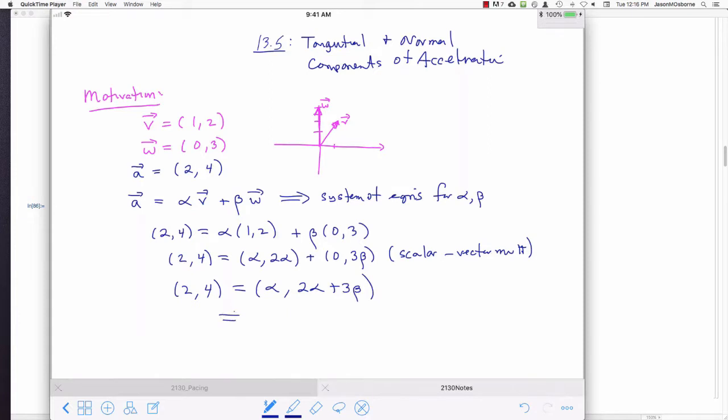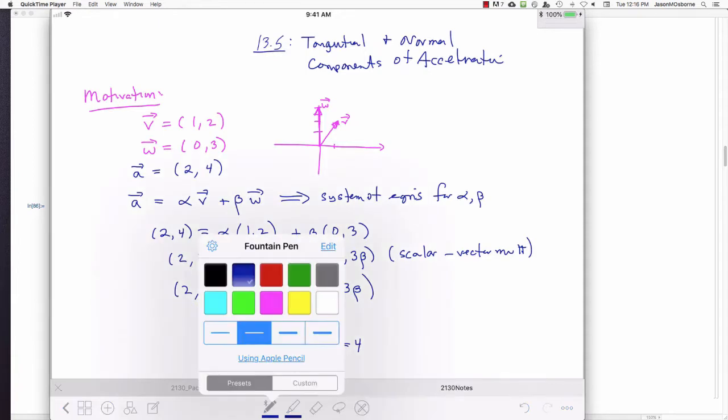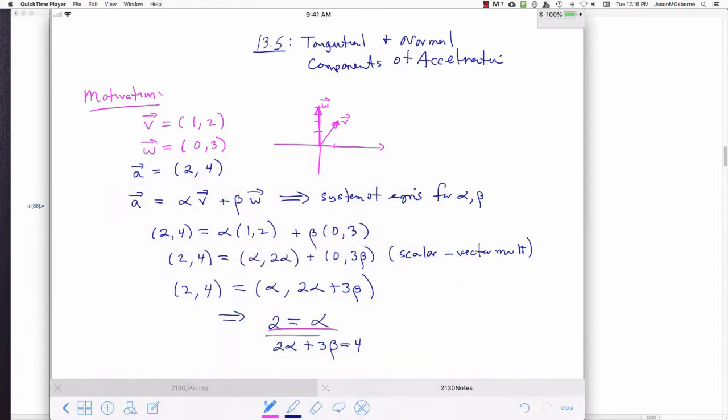And that will lead you to your system of equations. 2 has to equal alpha, and 2 alpha plus 3 beta has to equal 4. So this is a nice system of equations because you know alpha already, and if alpha is equal to 2, then that tells you 4 plus 3 beta has to equal 4.